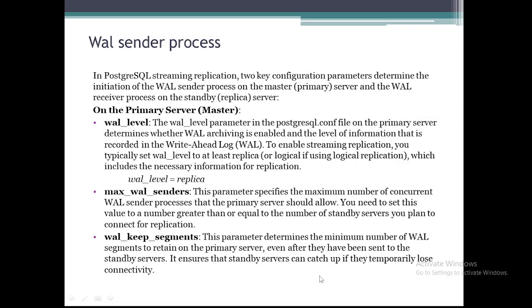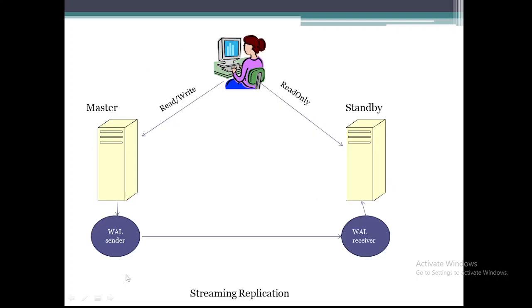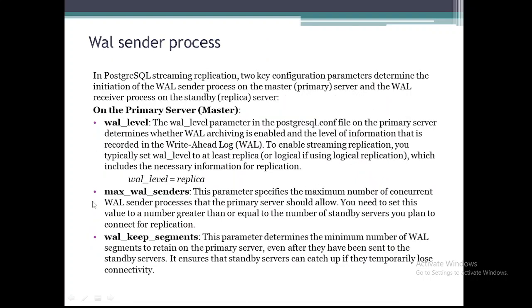It ensures that the standby server can catch up if it temporarily loses connectivity. So if there is a connection issue between master and standby, and you have 10 or 15 WAL segments on the master server which have not been copied to the standby server, it will keep all of those. Even if they are copied, it will keep 2, 3, or 10, whatever is mentioned in wal_keep_segments. This is the WAL sender process.